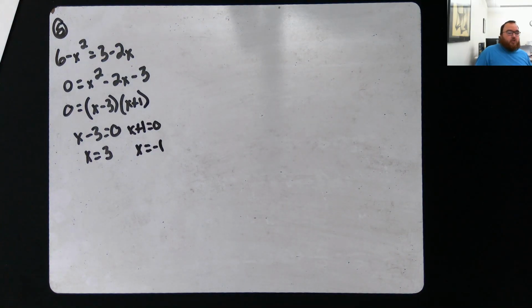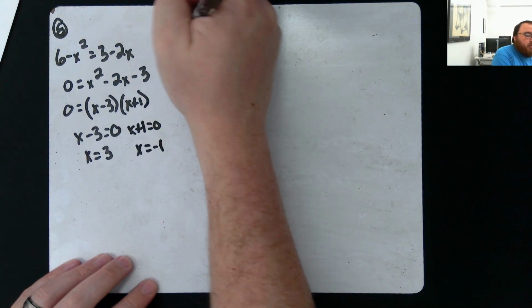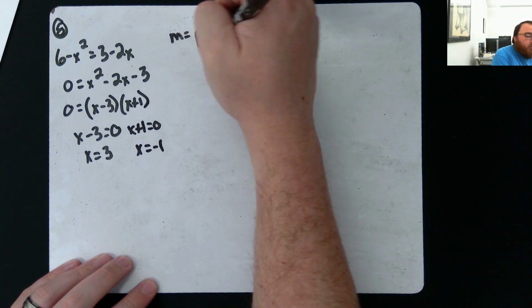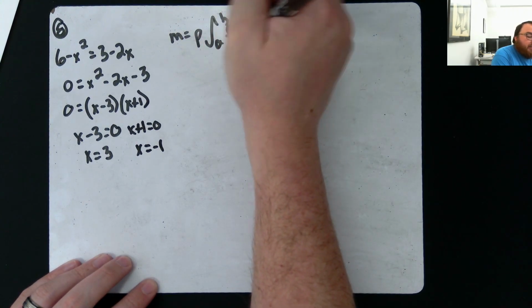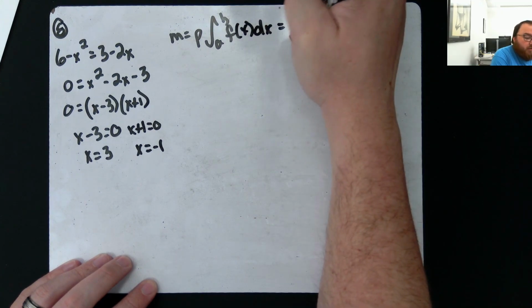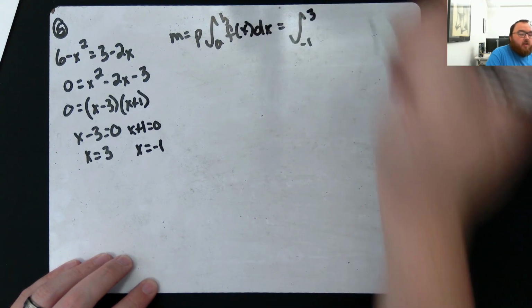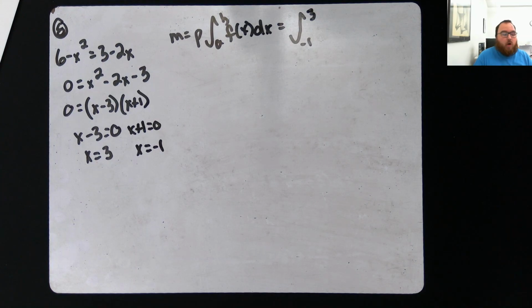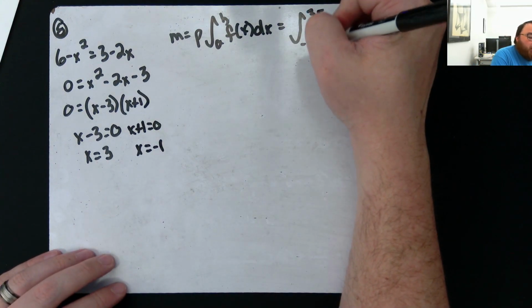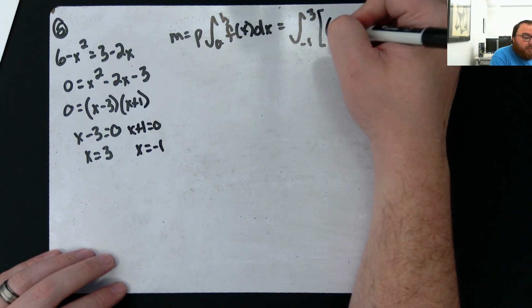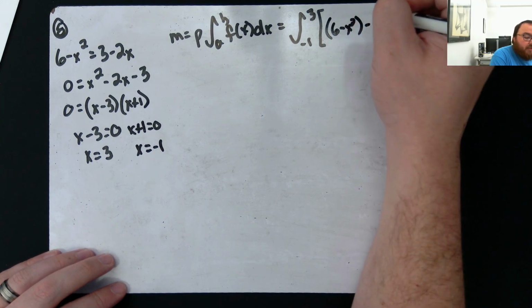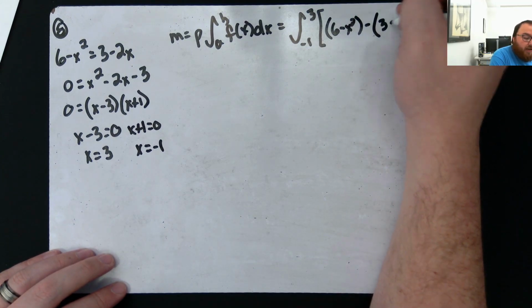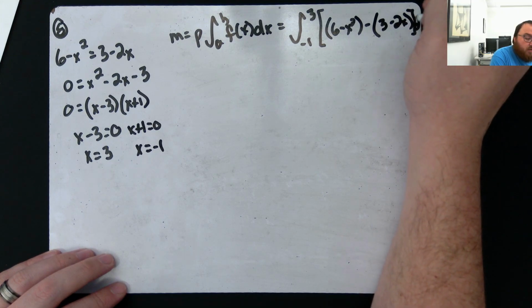So I'm ready to start. Total mass is always rho, integral a to b, f of x dx. Rho is equal 1. My bounds are negative 1 to 3. I have two graphs now, so I'm going to do my top graph minus my bottom graph. Top graph is 6 minus x squared minus my bottom graph is 3 minus 2x dx.